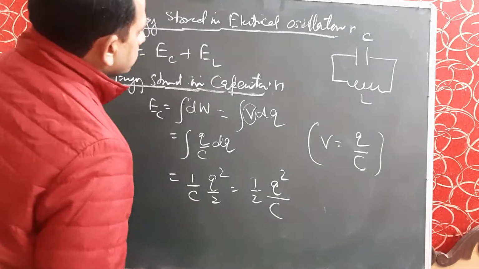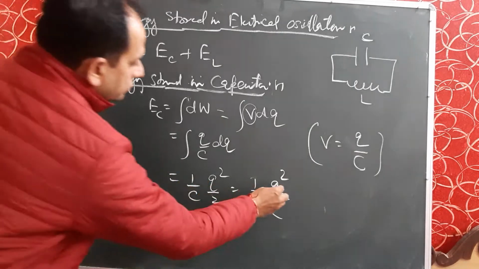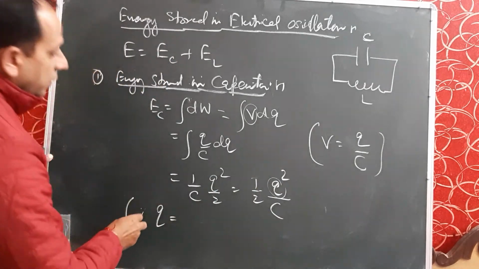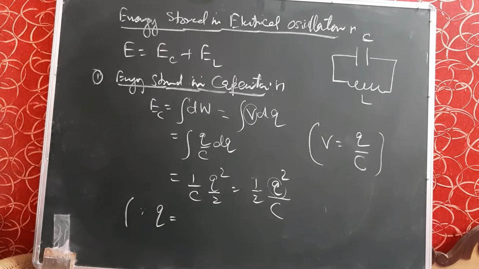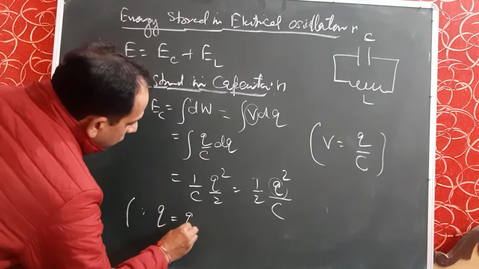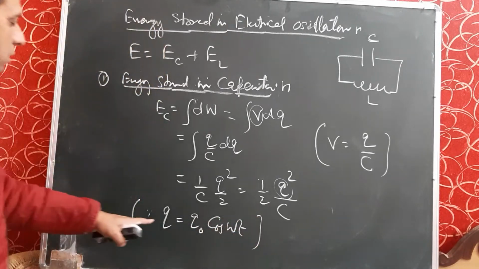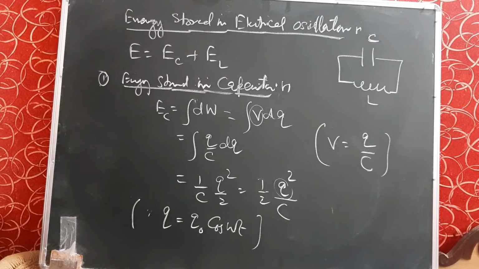We know that in case of oscillator, the value of Q is a function of sine or cosine, because it is a harmonic function. So, Q may be taken as Q naught into cos of omega t. I have taken this Q as Q naught, maximum value of Q, into cos of omega t.